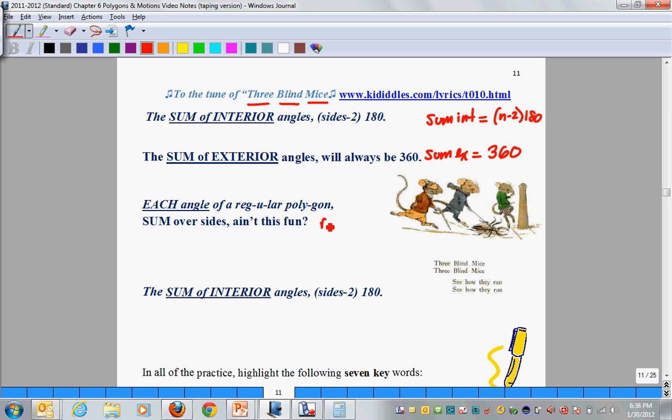So if we want regular, each equals sum over sides. The last one, the sum of interior angles, sides minus 2 times 180. So as a repeat, the sum of the interior equals the number of sides minus 2 times 180.